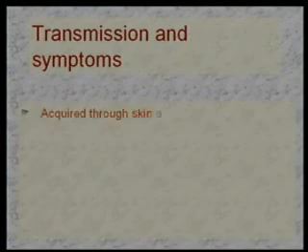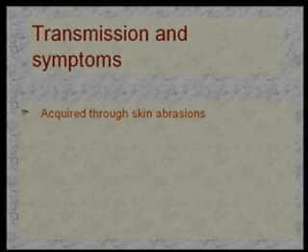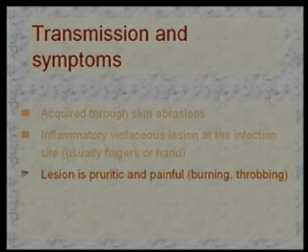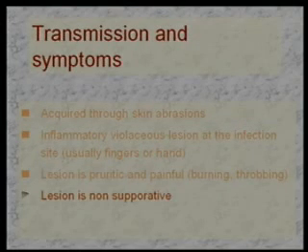Transmission and symptoms. Transmission is acquired by skin abrasions from infected fish or meat. There is an inflammatory, violaceous, sort of purplish, bluish lesion at the site of infection, usually the finger or hand. The lesion is pruritic, burning, throbbing, quite a painful lesion. I think Brian would also go over it when he lectures you in infectious diseases.